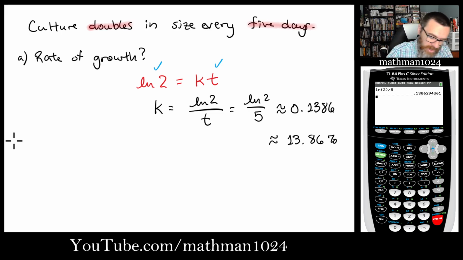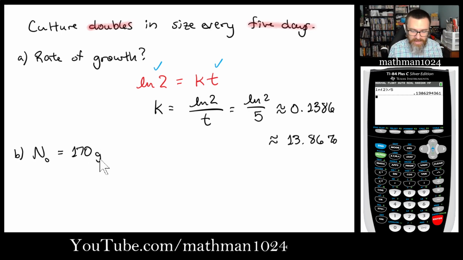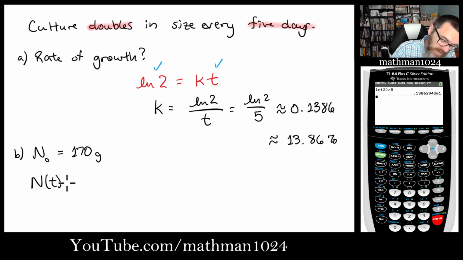So this next part here is saying that if the initial mass is 170 grams, so that means the initial mass, N naught, is 170 grams, write a function that describes the culture's mass based on however many days it's been growing. So that means my function N of t, the template here is N naught e raised to the kt.